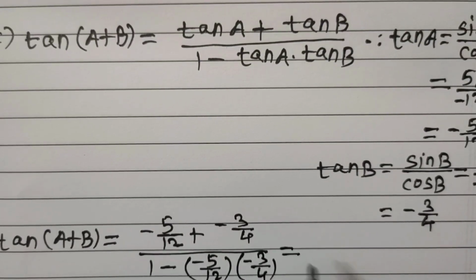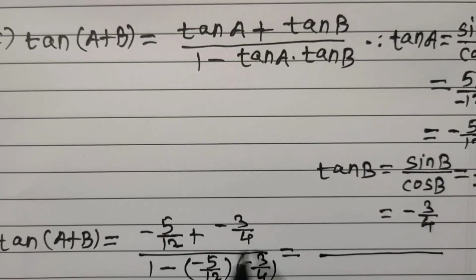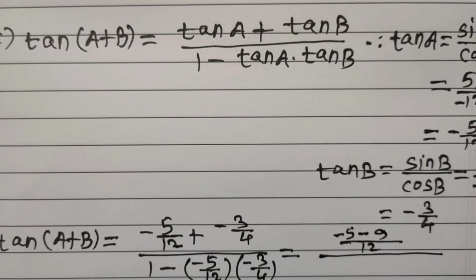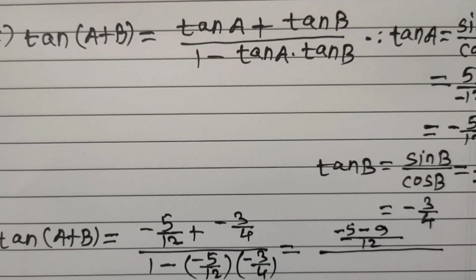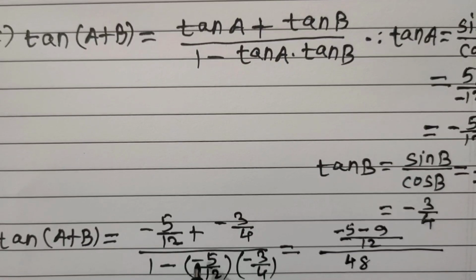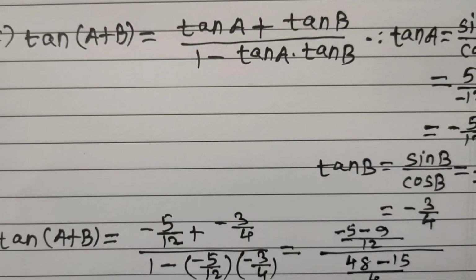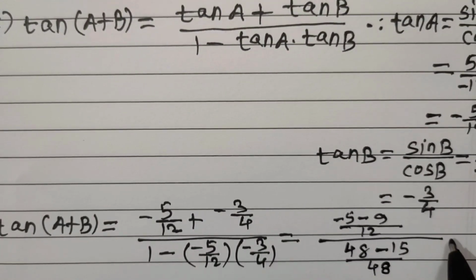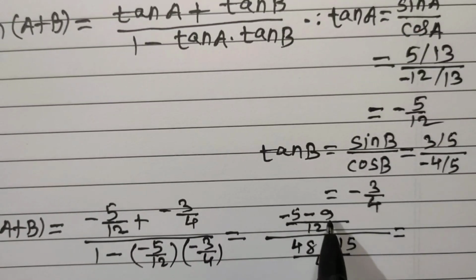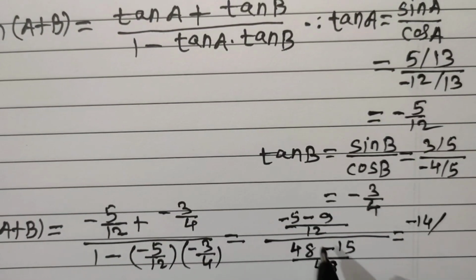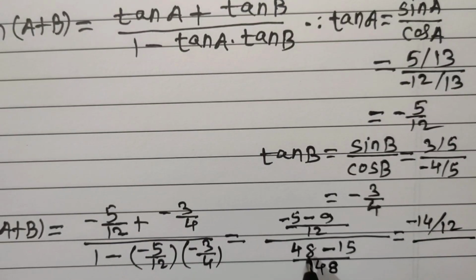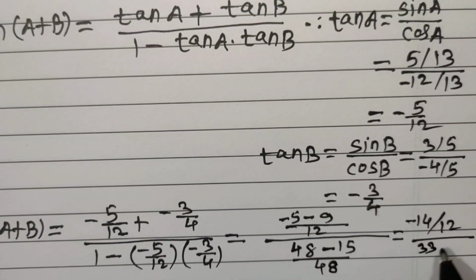So this is equal to, in numerator LCM will be 12, and then minus 5 minus 9, divided by, in denominator 12 into 4, 48, minus minus plus, 5 into 3, 15 divided by 12 into 4, 48. Okay, so let us simplify this. This is equal to minus 5 minus 9, minus 14 divided by 12, whole divided by 48 minus 15, 33 divided by 48.